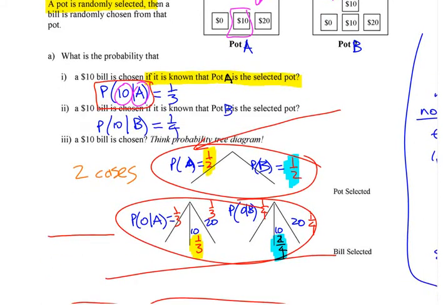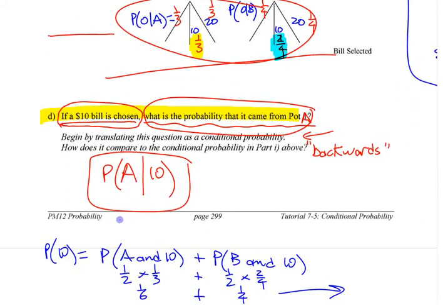But this question is the reverse of that. It's saying if it turns out in the end that you're standing there holding a $10 bill, what's the chance it came from A? This seems stupid because if this was a game, you'd know whether it came from A or not.